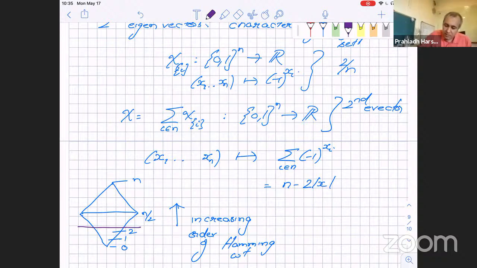The min cut this way will be what is called the majority cut. That is this cut.